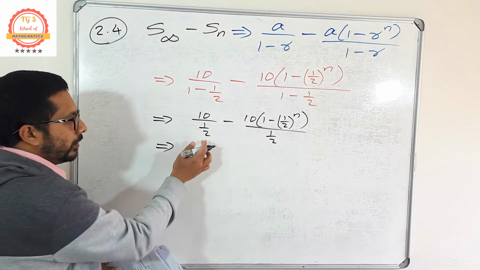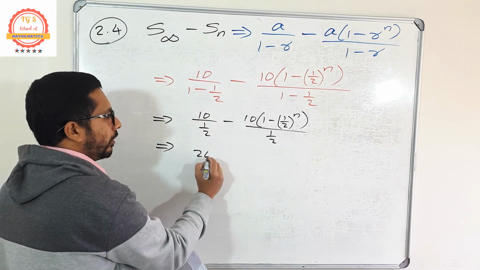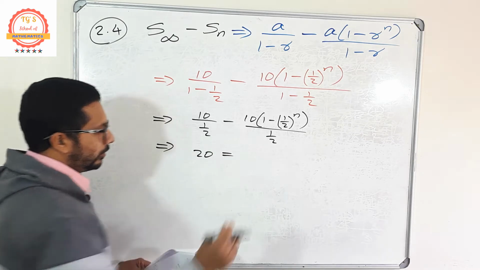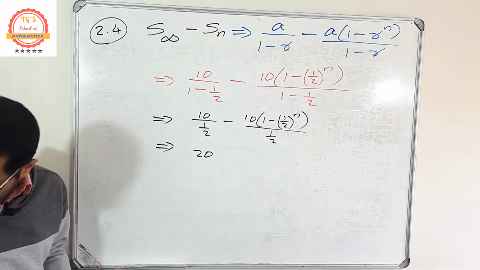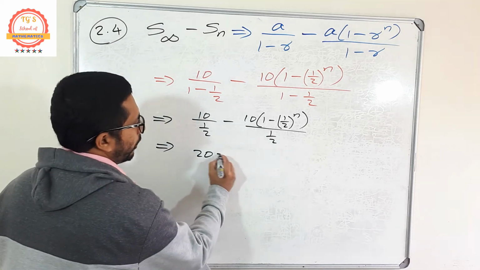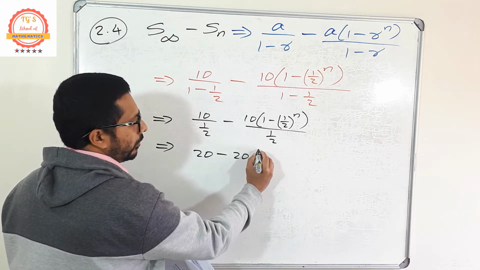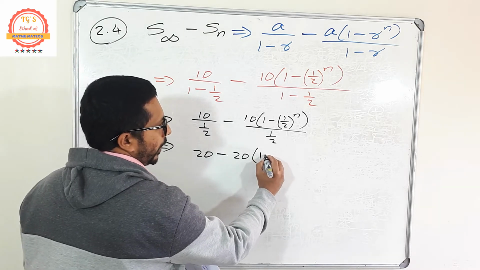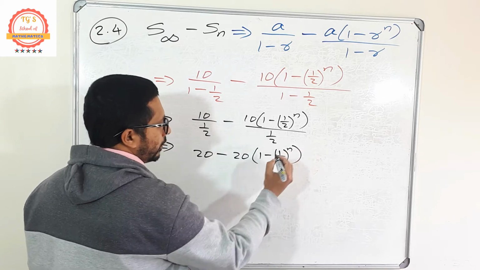Check in your calculator, or you can multiply by 2. It is 20. Minus, 10 divided by half, there also it is 20. Check in your calculator please. Then 1 minus half raised to n.